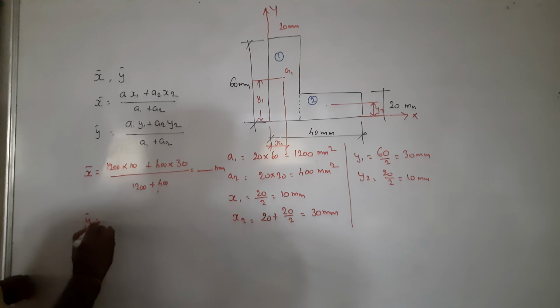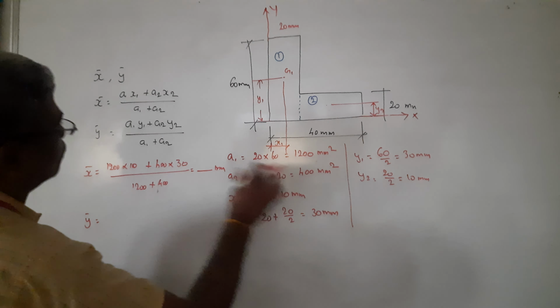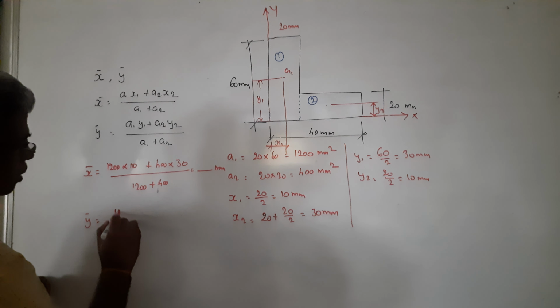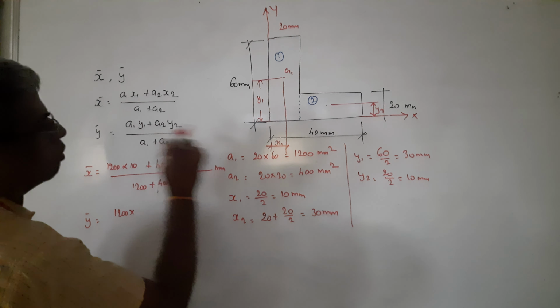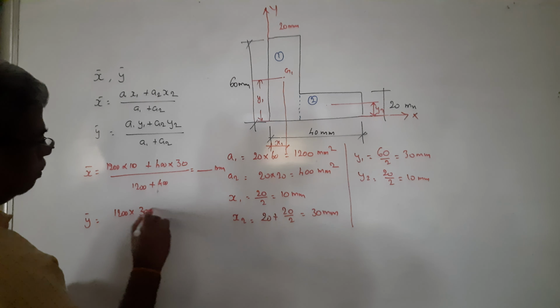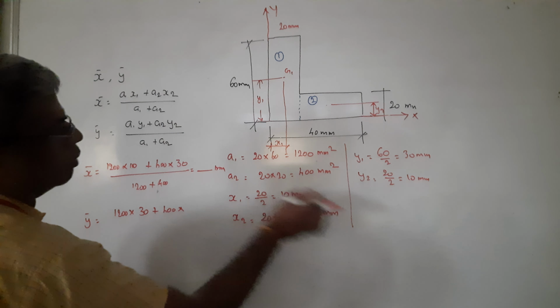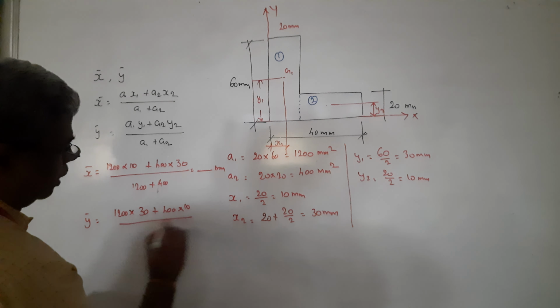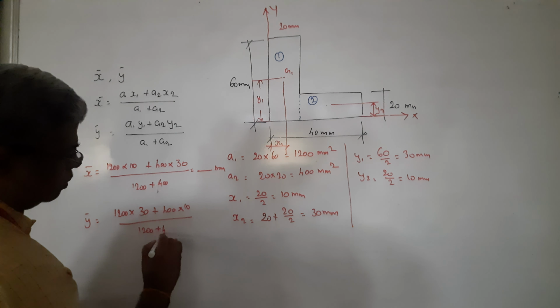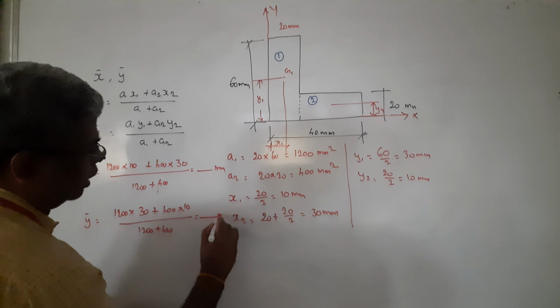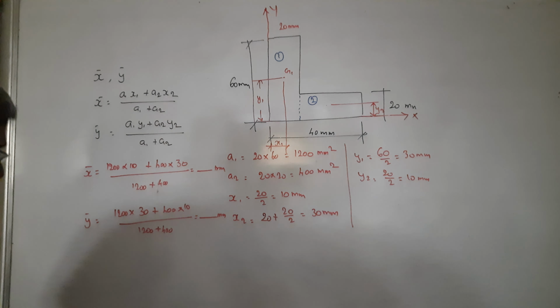And y bar is equal to a1 1200 into y1 value 30 plus a2 value 400 into y2 value 10 divided by 1200 plus 400, and find the value of y bar in terms of millimeter.